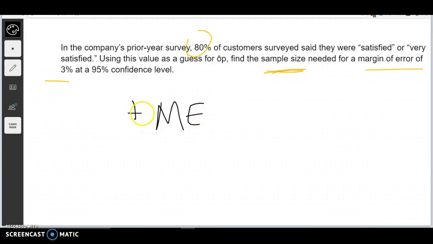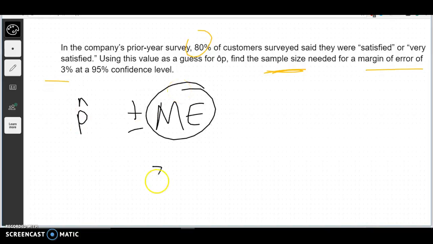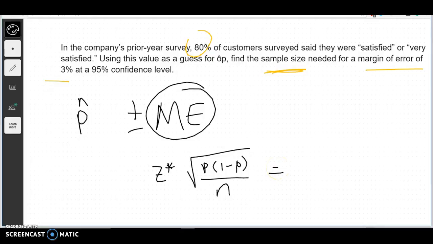Your margin of error is this part over here, which before we said is z star times your standard deviation, which for this would be the square root of p times 1 minus p over n. And we're hoping that our margin of error would be 3%. So we want this to be 3%, or 0.03. So that's what we're trying to make that to be.